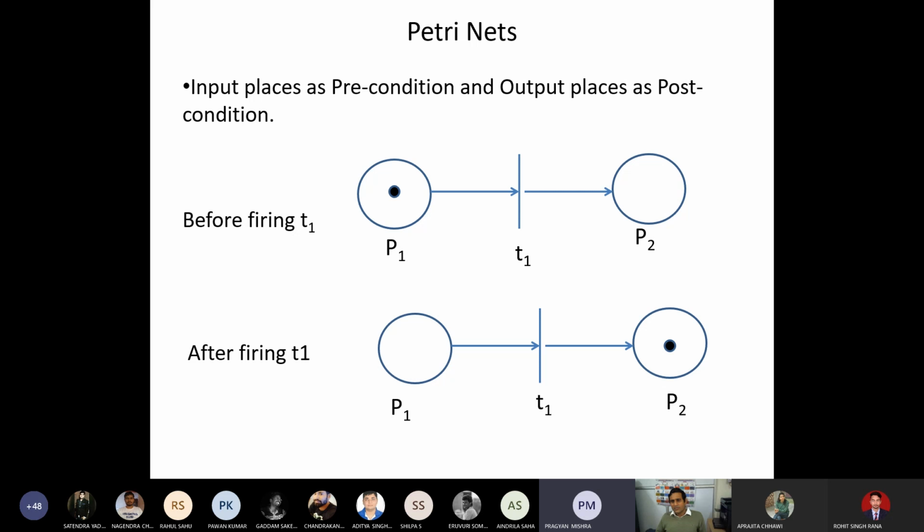Then what about the first token after the second token starts its processing? Where did the first token go after it reached the output? That is what I said at the very beginning: these tokens are actually going to circulate among different places.